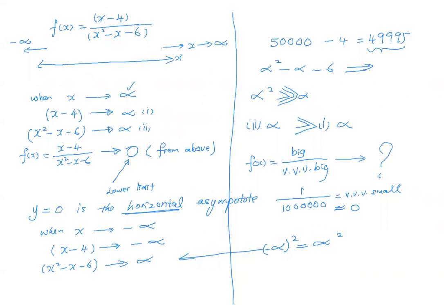So infinity squared minus negative infinity minus 6 will approach infinity. Therefore my f(x), which is x minus 4 divided by x squared minus x minus 6, will approach the same story, 0. But in this case it is from below, because the rest of the values are negative. So this is your upper limit.